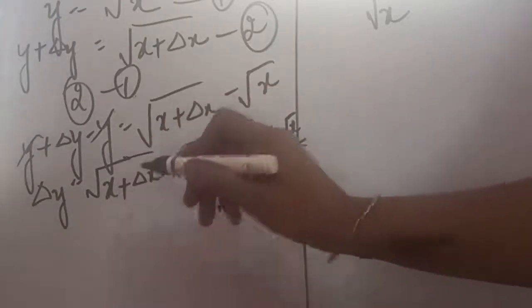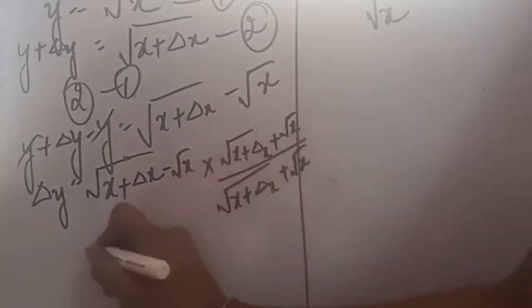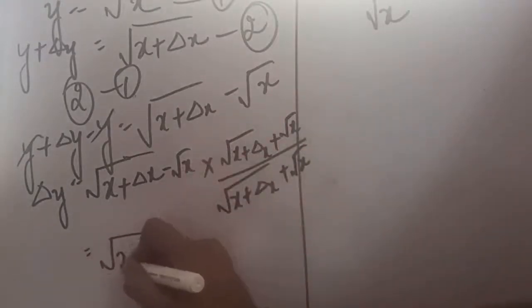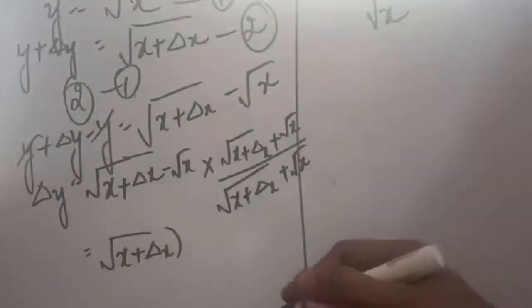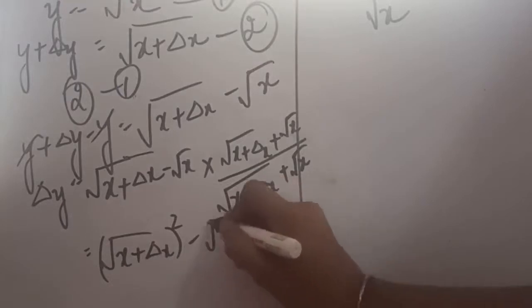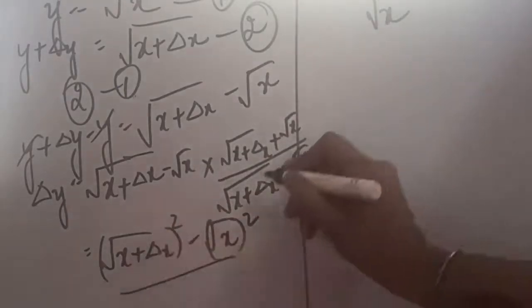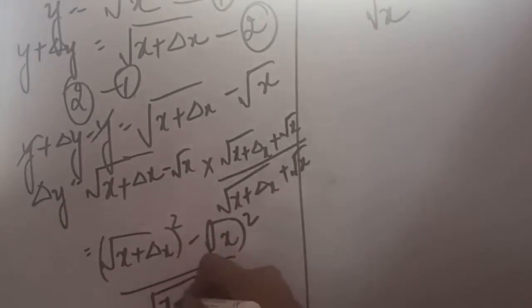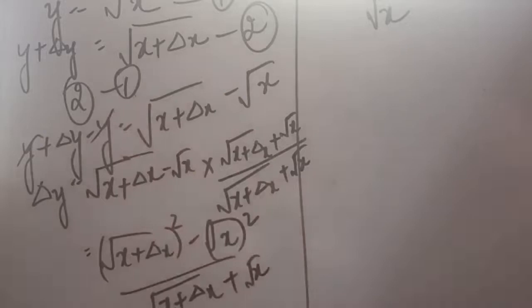So the numerator will be x plus delta x, square root squared, minus under root x squared, because a minus b and a plus b, divided by under root x plus delta x plus under root x.